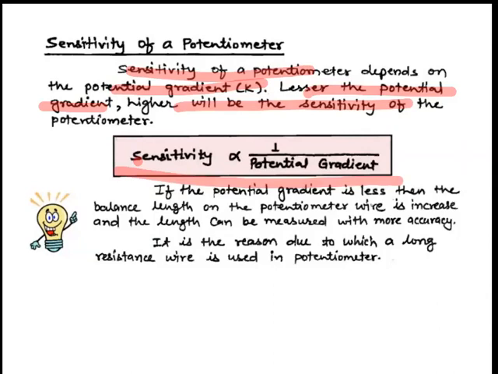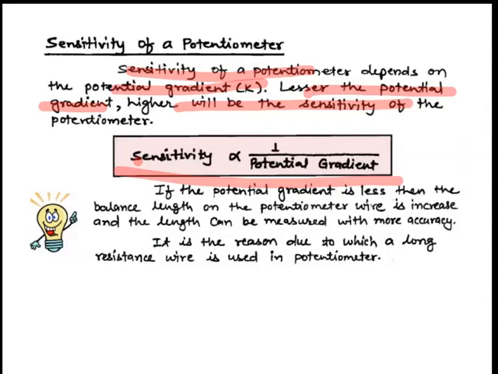potential gradient. If the potential gradient is less, then the balance length will be more, the length at which the current is zero, at which the galvanometer reading is zero, right children? So sensitivity is proportional to 1 upon potential gradient.